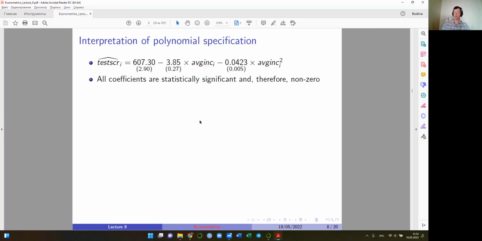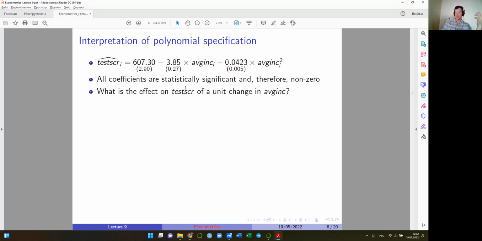So all coefficients are significant, non-zero, and now the question is, remember that we started this lecture with the idea that we want to model the causal effect, the nonlinear causal effect of a regressor on the dependent variable.